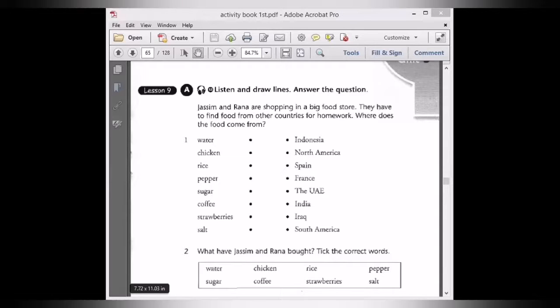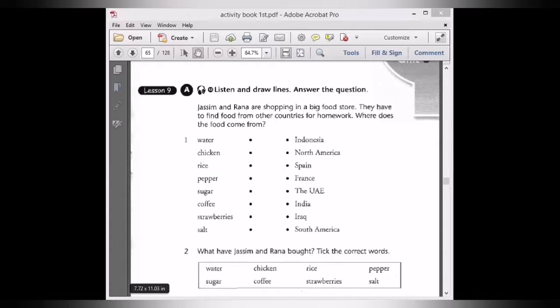In the basket. And coffee? Where's the coffee? Ah, here we are. Where's that from? Grown in South America. Sugar from North America and coffee from South America. Write that down.